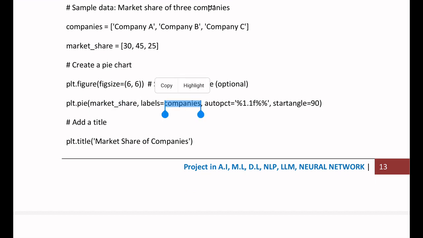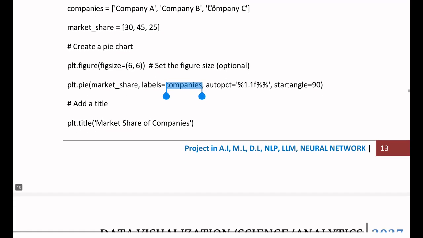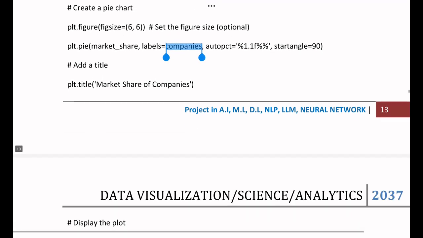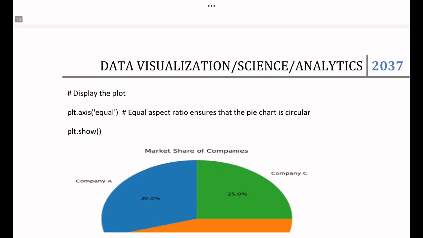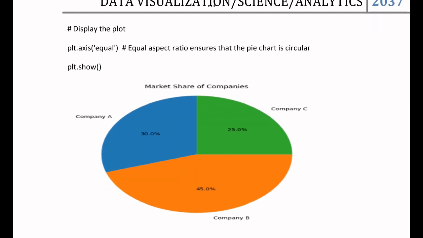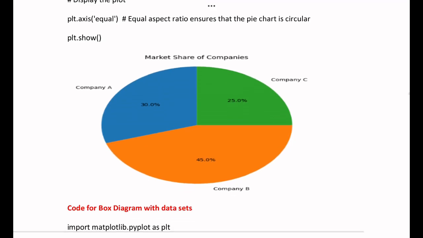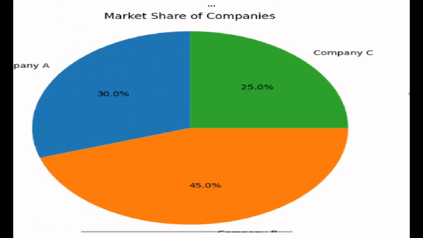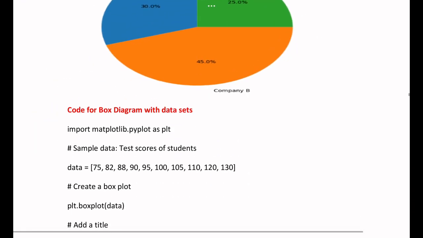Labels I want to give companies, and there are some other features, and I want to give a title. Then I plot the graph, and you can see it will plot the graph easily. You have to learn only plt.pie. It will show the data distribution.